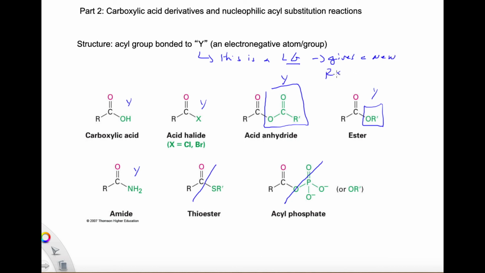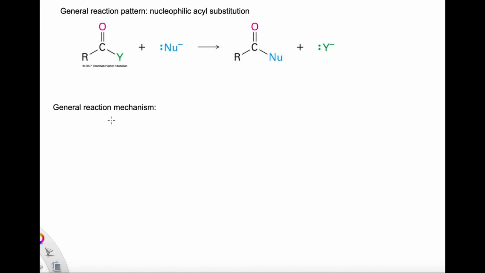So they react differently than typical carboxylic acids, and in particular ketones and aldehydes. So here we have this, and we can see that Y in this case, we're going to refer to as a leaving group because that's what's going to happen. They're all going to react with Y as a leaving group.